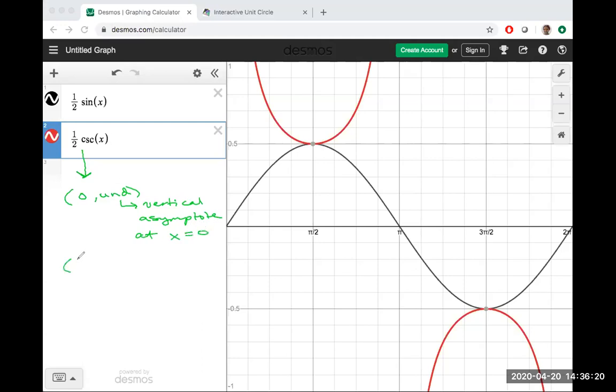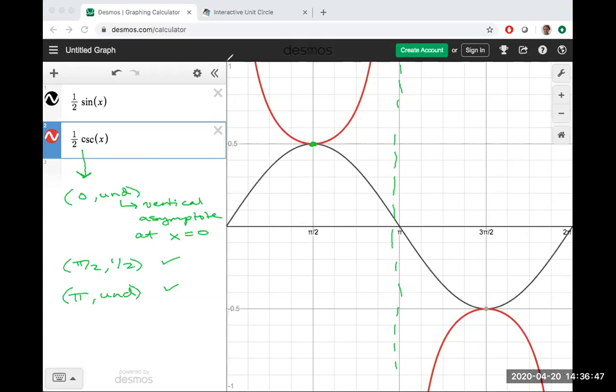We also had pi over 2, 1/2, which is right here. We have pi undefined. Let me make the vertical asymptote here, it should be straight down at x equals pi.